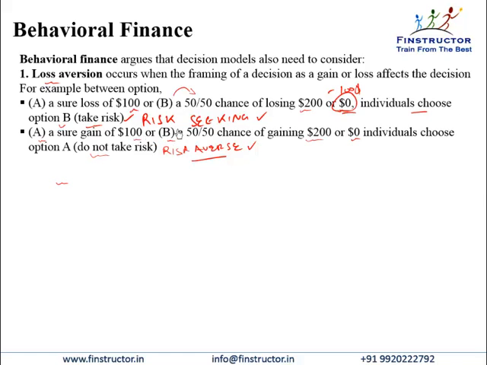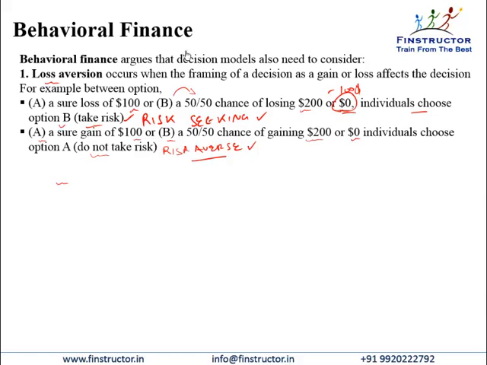However, if we change this problem slightly, that is, between a sure gain of $100 and a 50-50 chance of gaining $200 or gaining nothing, individuals normally choose option A. That is, they'll choose the sure gain and they will now not take the risk.